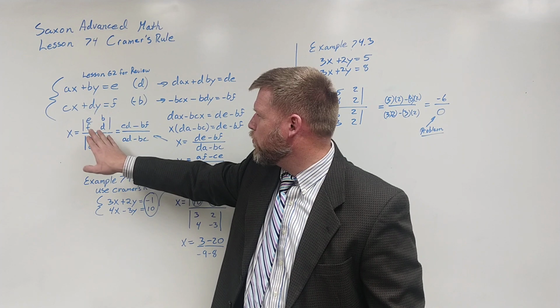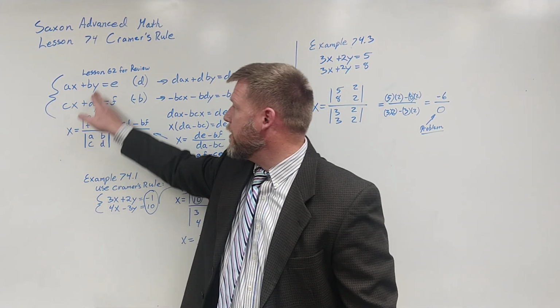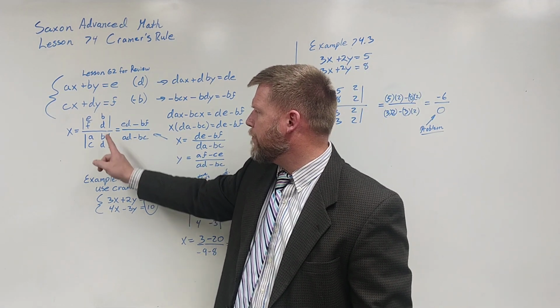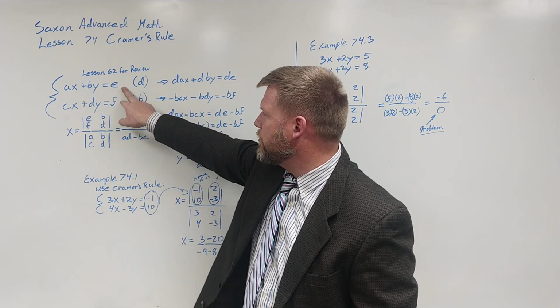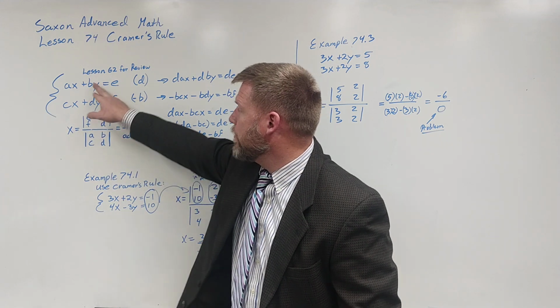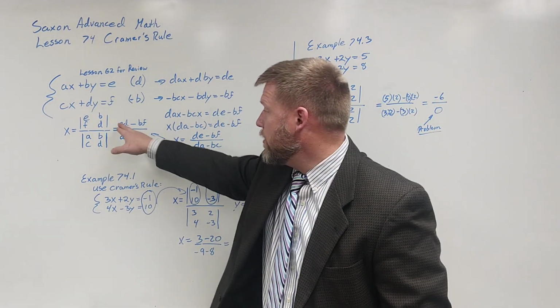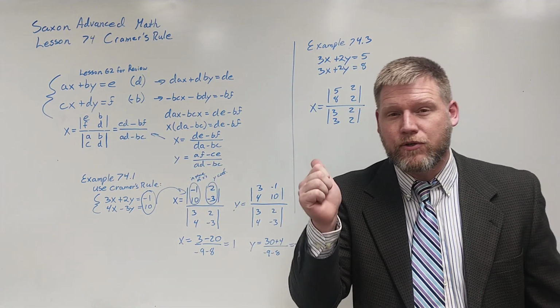So all I've done is written it with these 4 numbers coming from these 4 coefficients. And then I'm doing the same thing on the top, but I'm substituting in for the value that I'm looking for. When I'm looking for x, I use these two. When I'm looking for y, I use these two in the place of the y value coefficients. And it gives me this right here without having to go through all the individual steps. I don't have to use substitution.